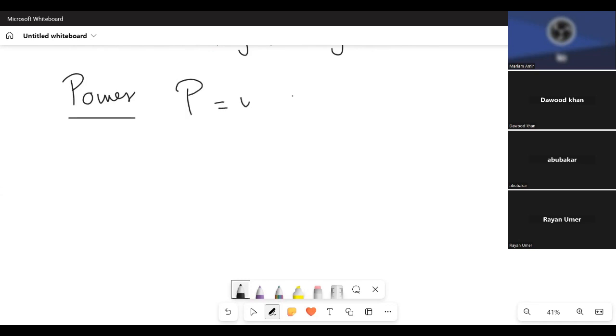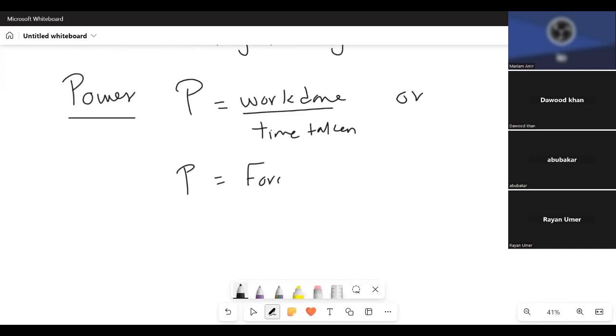Power is equal to work done over time taken, or power is equal to force times velocity. So power is equal to F times V. The unit for power is watts.